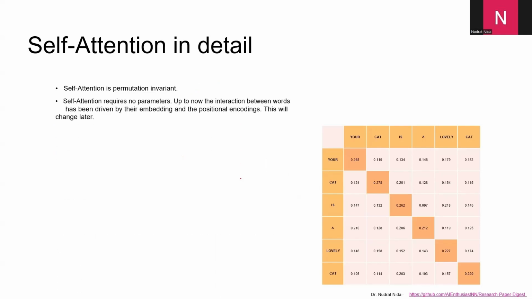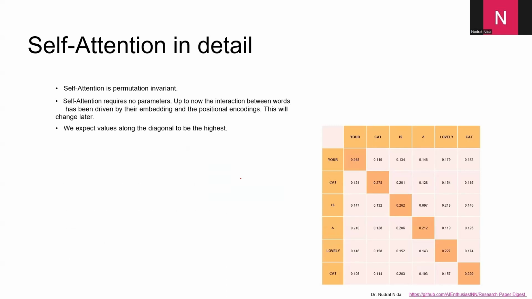The next property is that self-attention requires no parameters. We haven't talked about any kind of parameters so far. This is the quality of the transformer, that it won't require any parameter. Up to now, the interaction between the words has been driven by their embedding and positional encoding. This will change later.